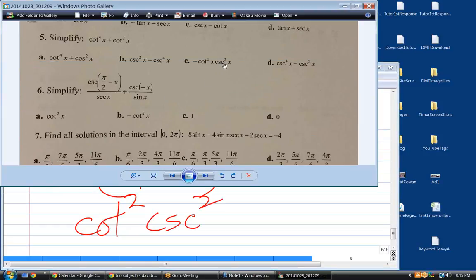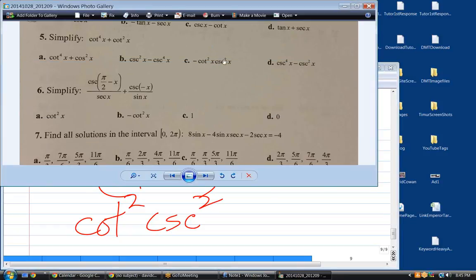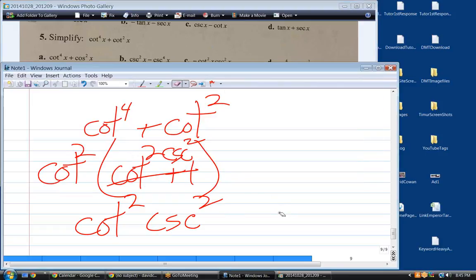They got negative cotangent squared cosecant squared. Cotangent squared plus 1. That doesn't turn into cosecant. Oh, yes it does. Okay, well, this isn't the answer right here, so it must be one of these others. Let's keep manipulating this thing.